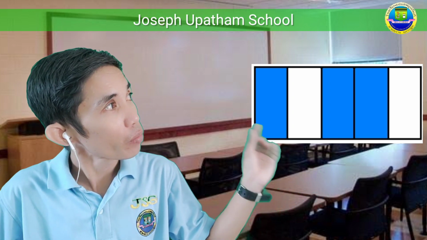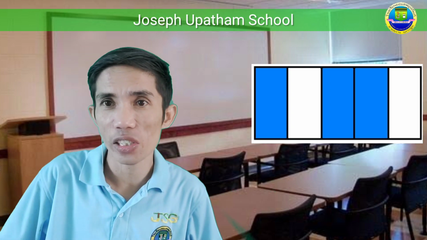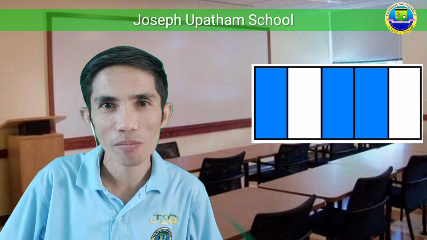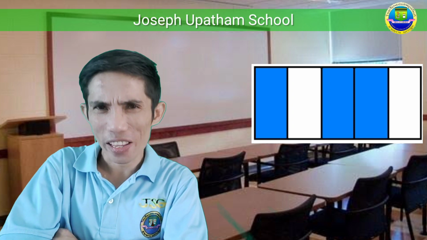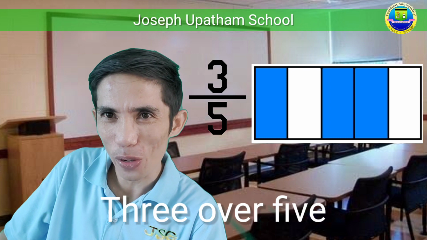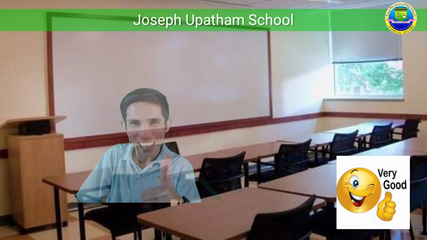And look at the shaded parts. What is the fraction represented by the shaded parts? Think. Is your answer 3 over 5? If your answer is 3 over 5, you're absolutely correct! Very good!